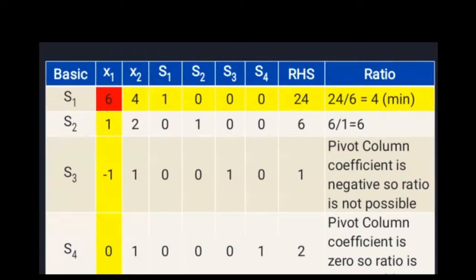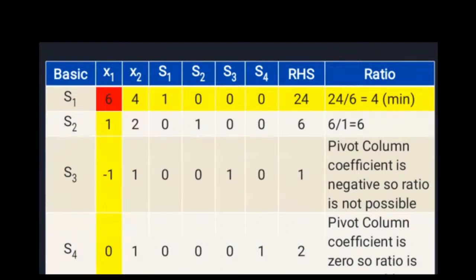The upper side of the table consists of non-basic variables, which includes x1, x2, s1, s2, s3, s4 and a column of right hand sides of each equation and a column for ratio as well. We have to fill this table by the coefficient of each variable. After filling this table, we move to step 5, which is checking the criteria of optimality.